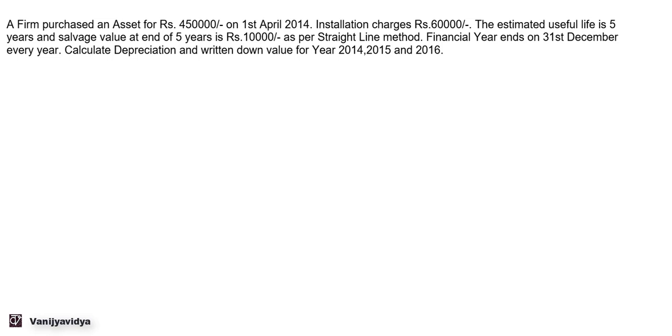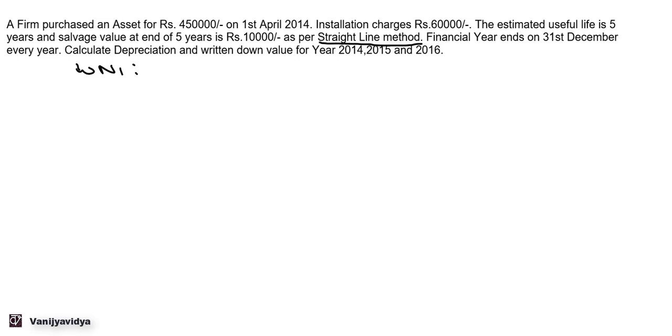Now the rate of depreciation is not given. Only we have been told that we have to calculate depreciation as per straight line method. So let us first find out what is the cost of the asset. Working note 1, cost of the asset.